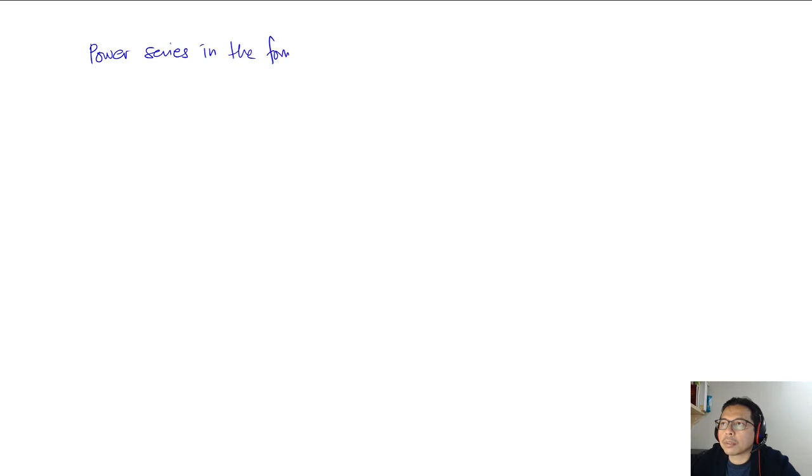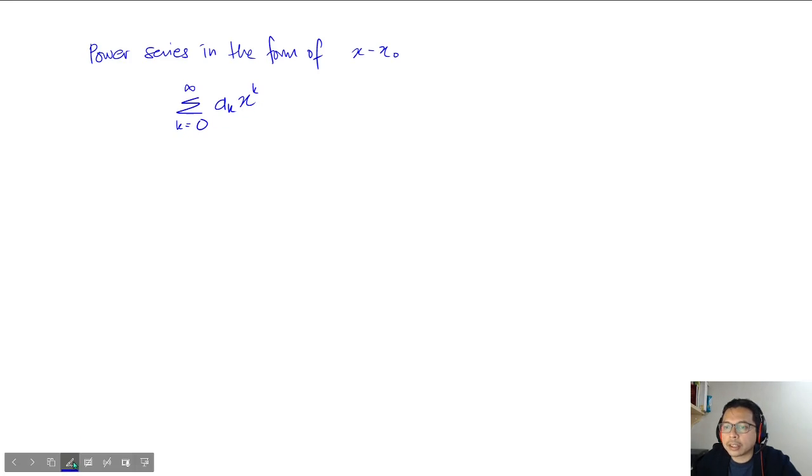Now a series in the form of x minus some number, x naught. I'll show you here. What if, before, what we have is something like this, a sub k and x to the power of k. Now what if we have something like this: x minus some number, I'll name it x naught, to the power of k.